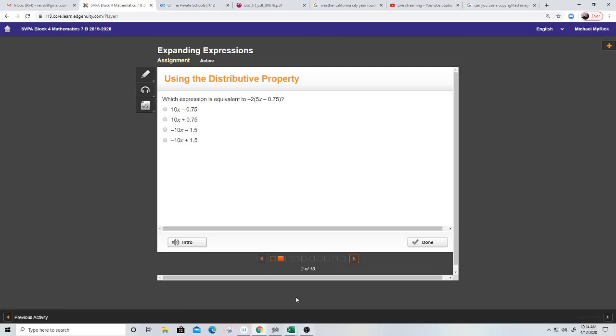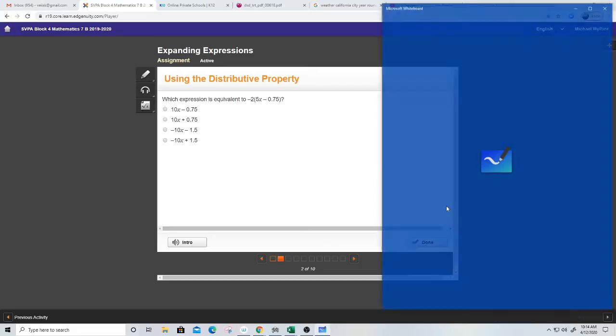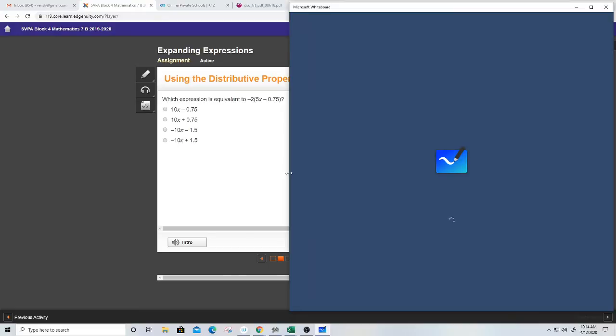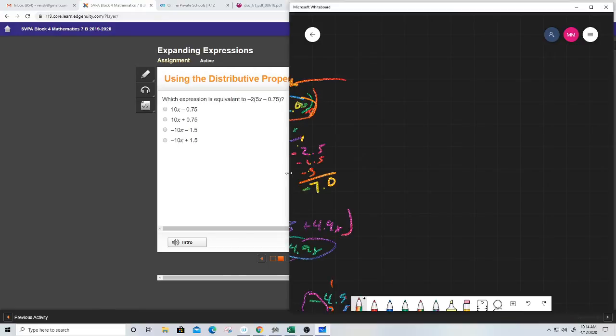Since this is like the beginning, let's do a quick little mini lesson, mini refresher. In expanding expressions, we're doing a lot of distribution, if not all. Say we have negative 2 times 5x minus 0.75.